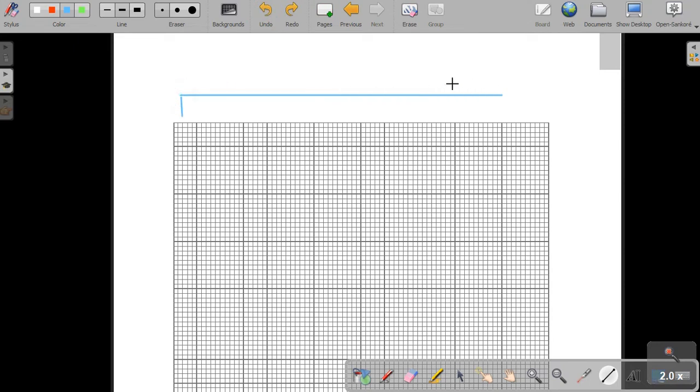Then I don't need so much space. Okay, so this is going to be x, and this is y.